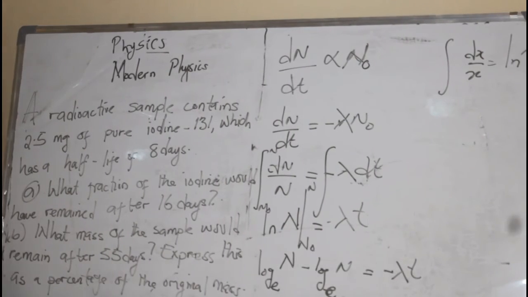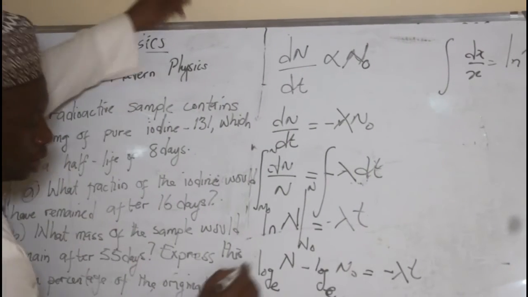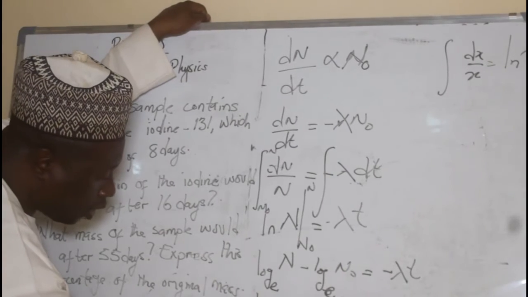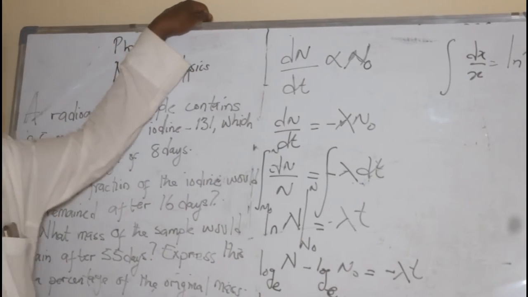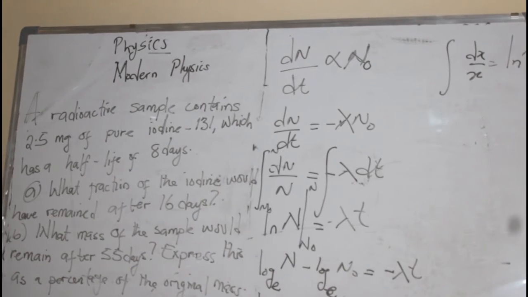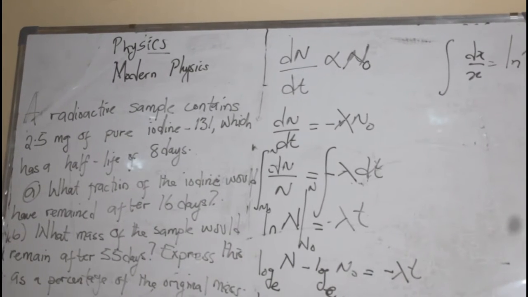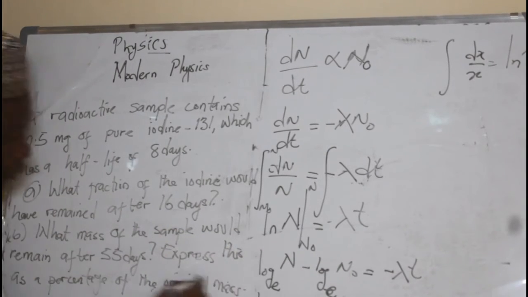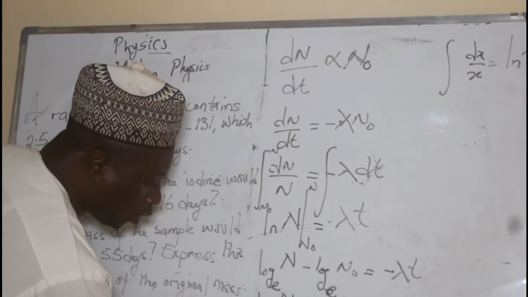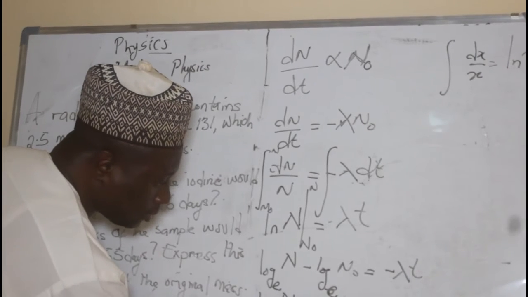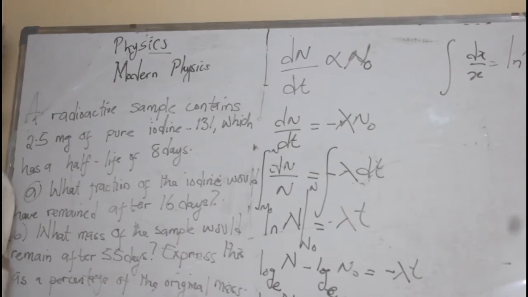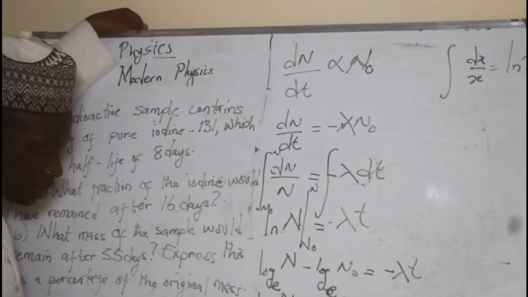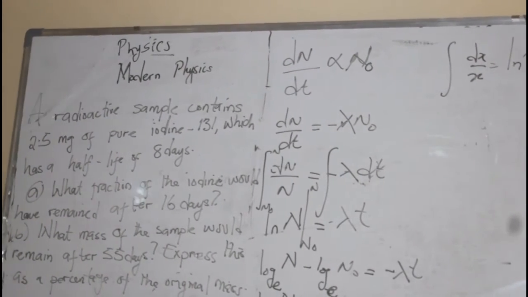And I can simply write this as log base e using laws of logarithm. If I have log a minus log b having the same base, it's going to be the log of a divided by b. So I'm going to say log of n all over n naught equals minus lambda t. Is that correct?